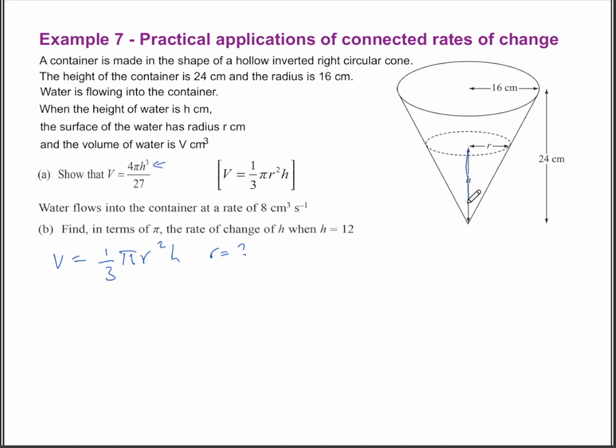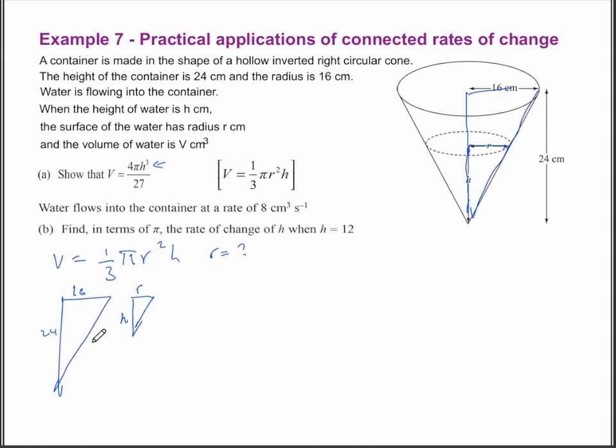One is a triangle of the water volume, and the other one is a triangle of the cone volume. These two triangles are going to be similar, the big one and the smaller one, where this height is h, this is r, this is 16, and this is 24.